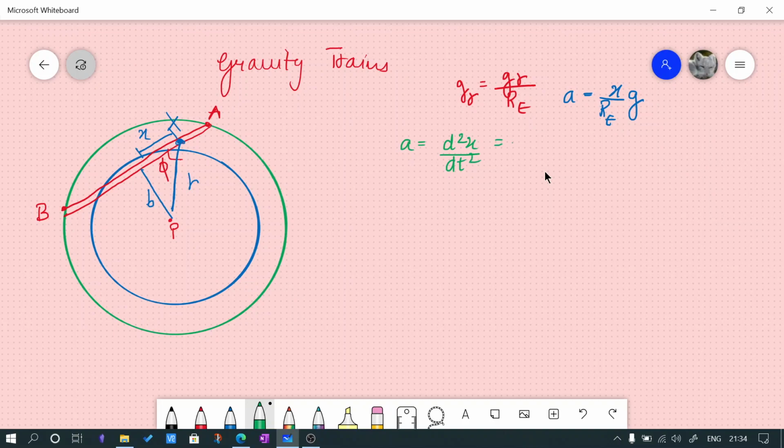This is equal to minus x by R_e times g. Now how does the minus come about?